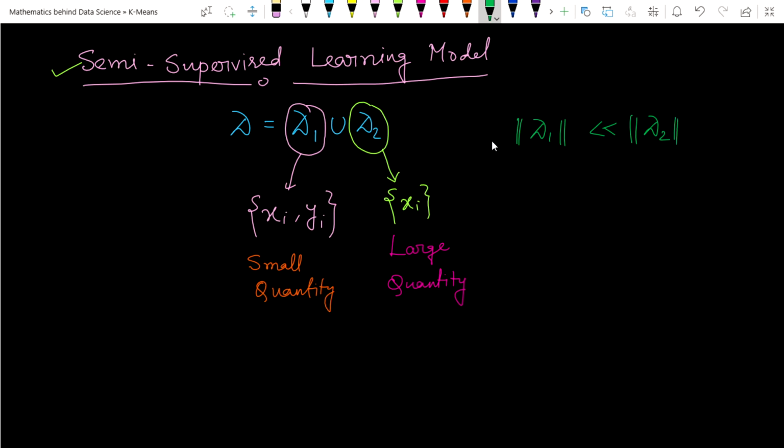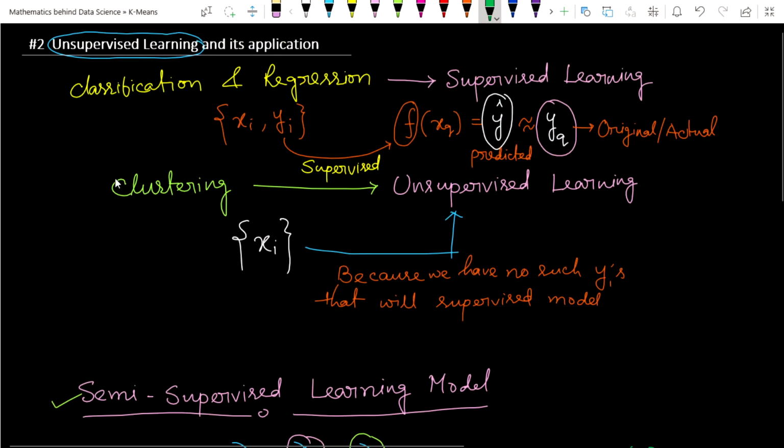This is another part of machine learning, and that's not our motto of this series. The main thing of our series is clustering, the unsupervised model, and how these things work.